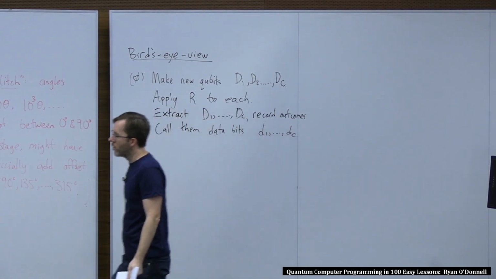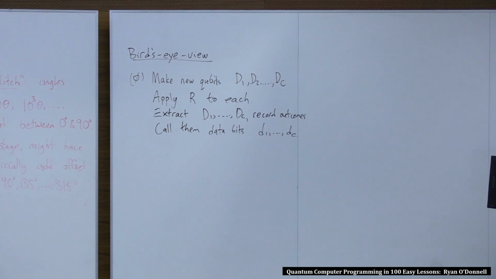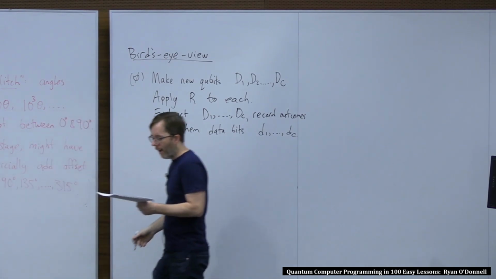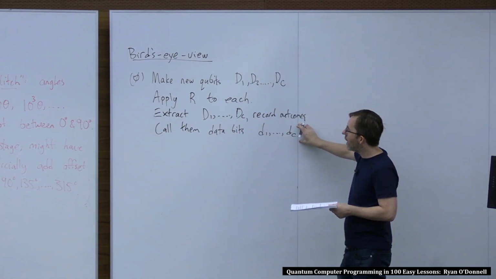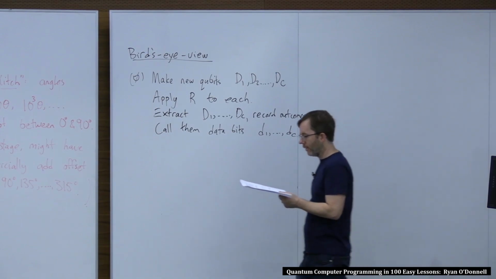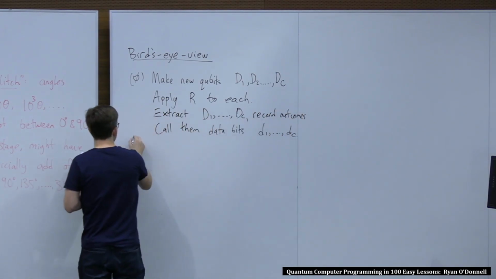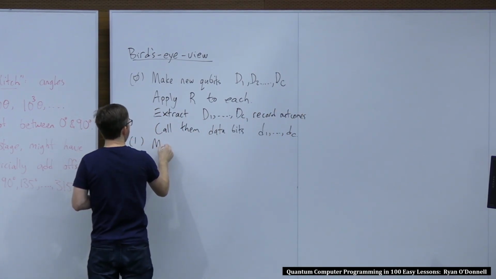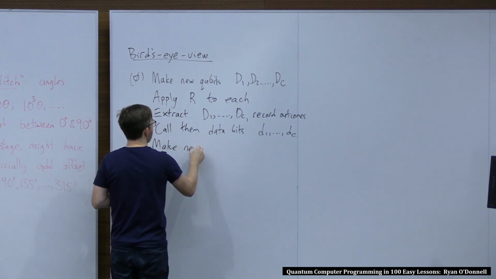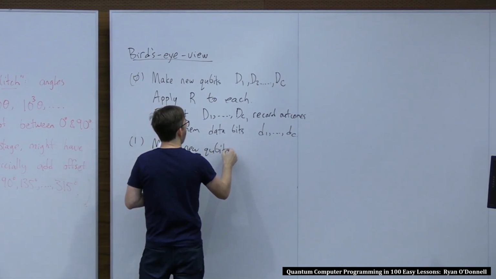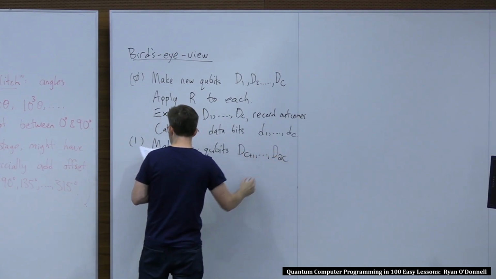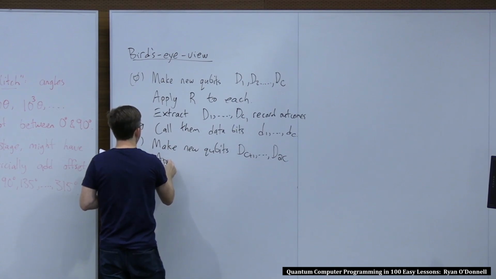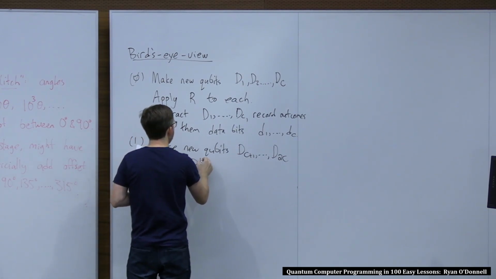Okay, and these are actually just a bunch of zeros and ones, and what we're eventually going to do is count them, divide by C, take the square root, arcsine. But let me just remember that we're going to collect a constant amount of data here that we're going to think about later. Okay, and then in stage 1, it's going to be kind of similar. We're going to make even more qubits, DC plus 1 through D2C, and we're going to apply R to the 10 to each of these.